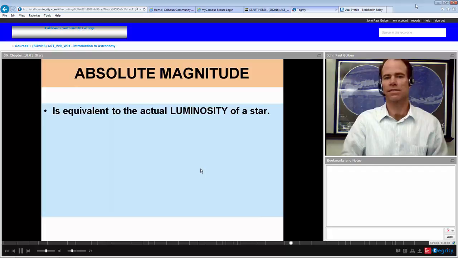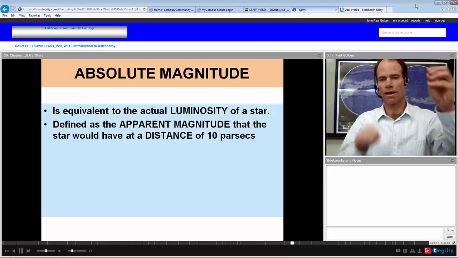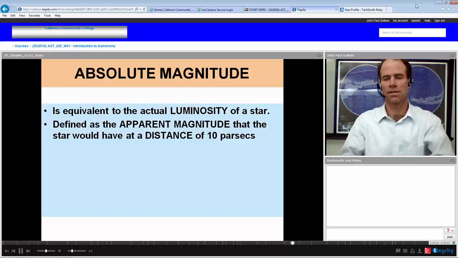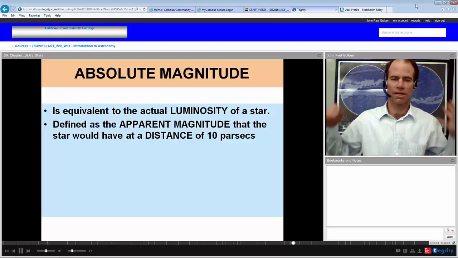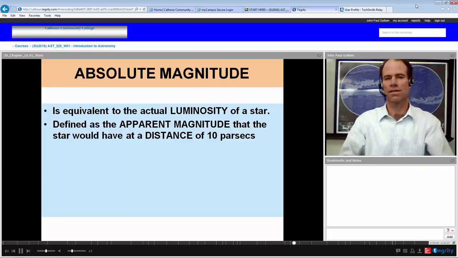Absolute magnitude is equivalent to the actual luminosity of a star. It's defined as the apparent magnitude we would see for that star if we were put at a particular distance of 10 parsecs away from us. So we'll put everything on the same scale, make it absolute, put all objects 10 parsecs away from us, and see how bright they are.